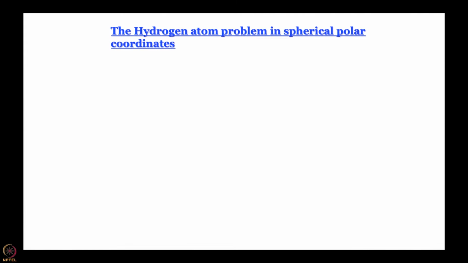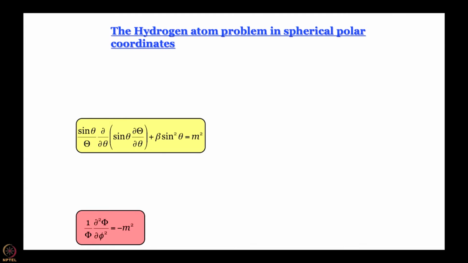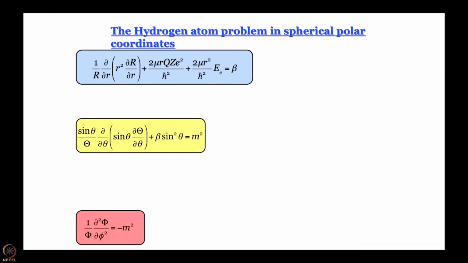We have formulated the hydrogen atom problem in spherical polar coordinates, and we have got 3 equations, one in phi, one in theta, and the third in r. We have explicitly solved the phi dependent part, and we have got a very simple solution, 1 by root over 2 pi.